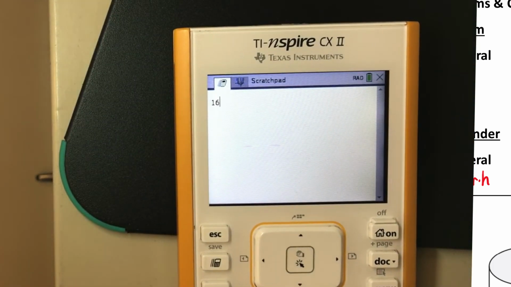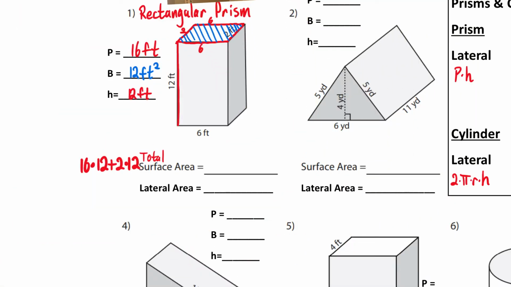All right, so 16 times 12 plus 2 times 12, 216 square whatever feet.